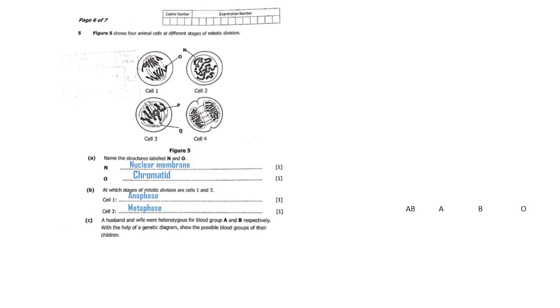First, we have the parental phenotype, that's blood group A and B heterozygous. We have the parental genotype, AO and BO. Make sure you enclose them in circles.